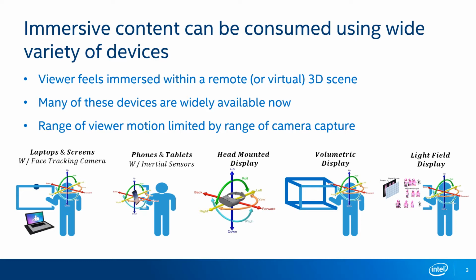In the head-mounted display and the phones, it's based on inertial sensors, and on a laptop or a screen, face tracking or eye tracking can be done to estimate where the person is looking from, so that they can be presented with the proper view.